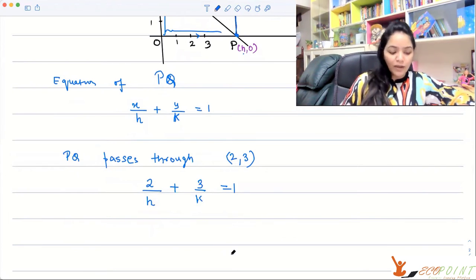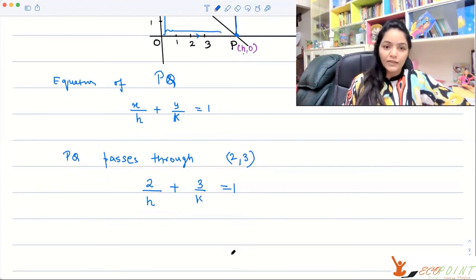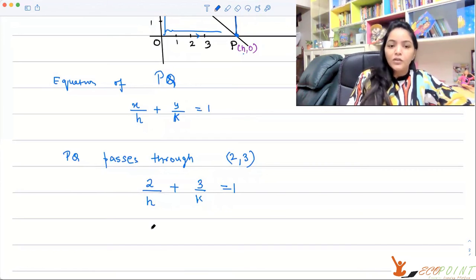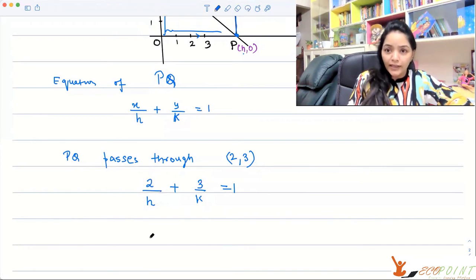So now what have you actually got? You've got a condition on H and K, where H is the x-axis value and K is the y-axis value for R. H and K satisfy this equation. So in generalized terms of X and Y, the locus basically means point R, that is H, K, satisfying a condition.